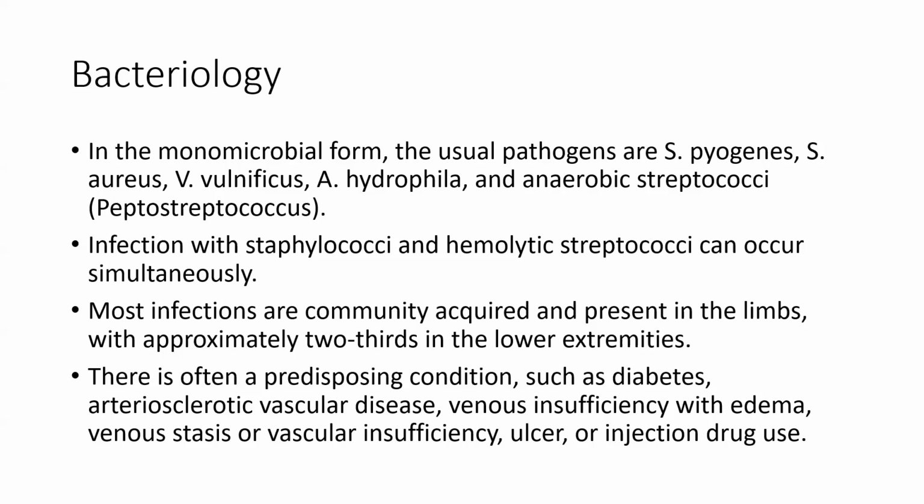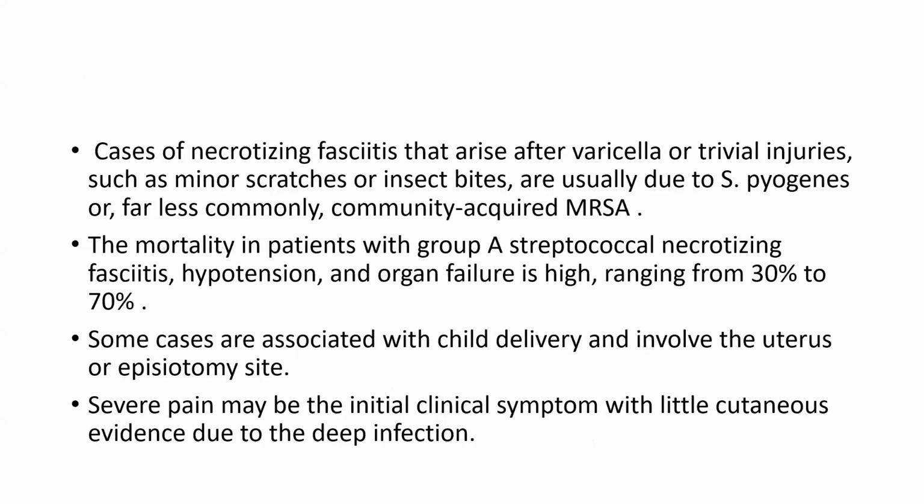Most infections are community acquired and present in the limbs, with approximately two-thirds in the lower extremity. There are often predisposing conditions such as diabetes, arteriosclerotic vascular disease, venous insufficiency with edema, venous stasis ulcer, or injection drug use.